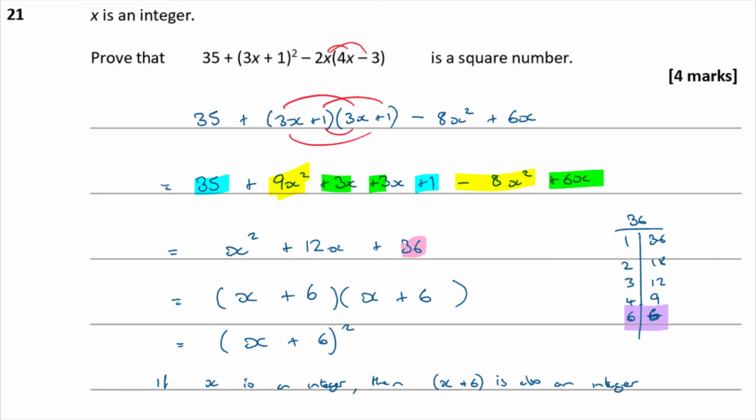Integer is just a whole positive or negative number. And x plus 6 all squared must be a square number, because if I square an integer, I'm going to get a square number, aren't I?